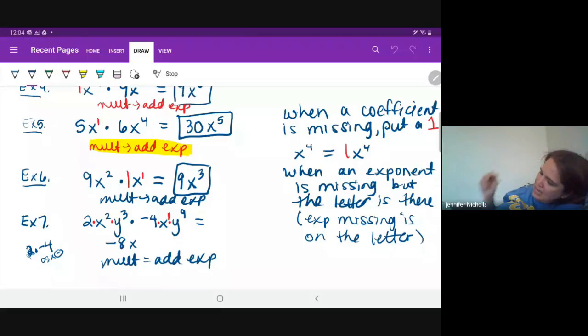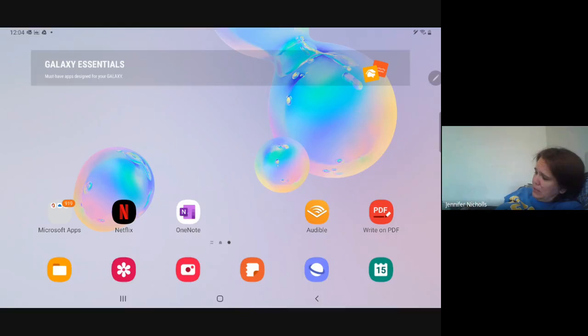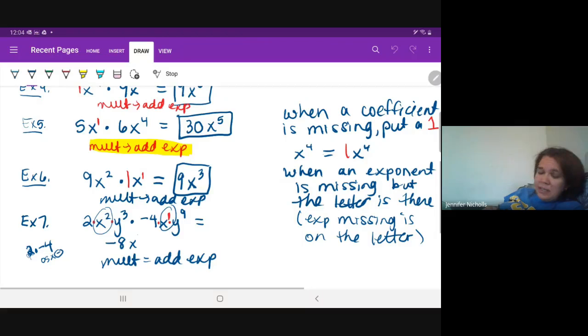So look at your x's. Just the x's. So don't look at the y's. Just look at the x's. Yes, 3, exactly. And you guys, it's confusing. Okay? It's confusing. So you add the 2 plus the 1, and that's how you get the 3.